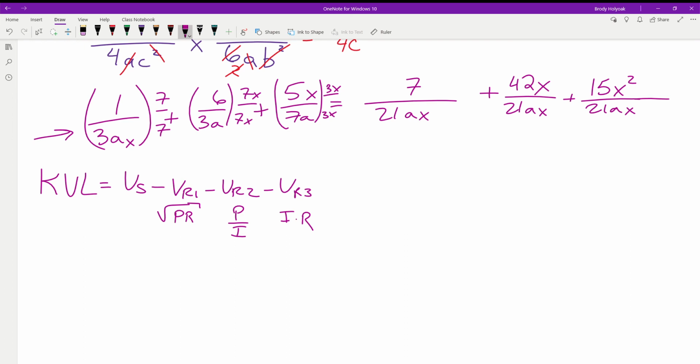Then we can combine everything together and get one term, because now we have a trinomial, 3 different terms. Well, 15x squared plus 42x plus 7 all over 21ax. And we're going to leave it in this form for now.